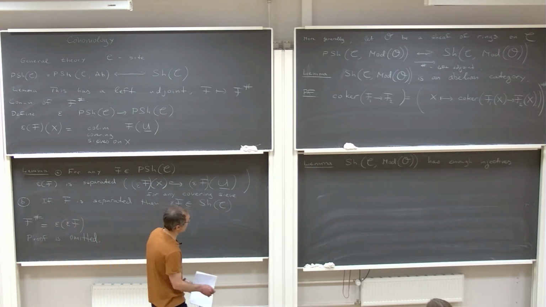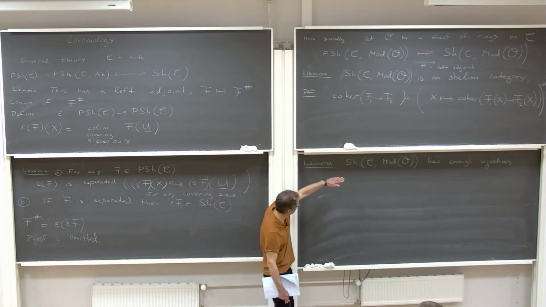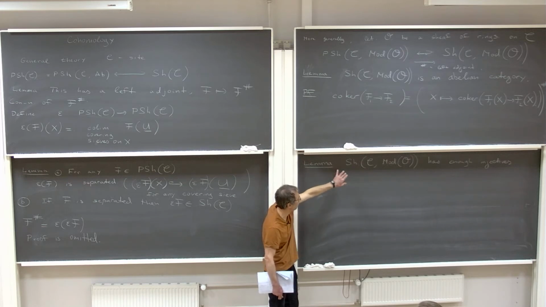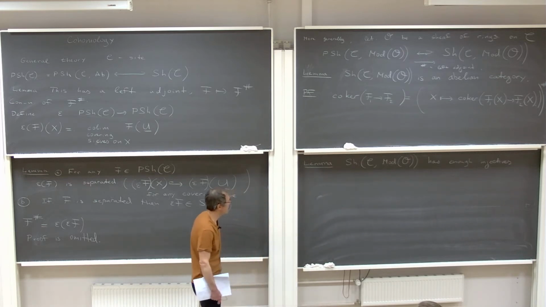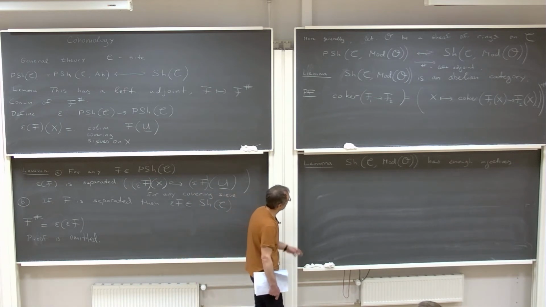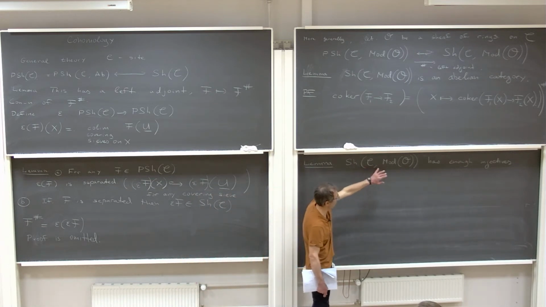So Grothendieck realized at the very beginning of his series of work in the 50s, when he just started working in algebraic geometry, that you can single out a class of abelian categories that have enough injectives.